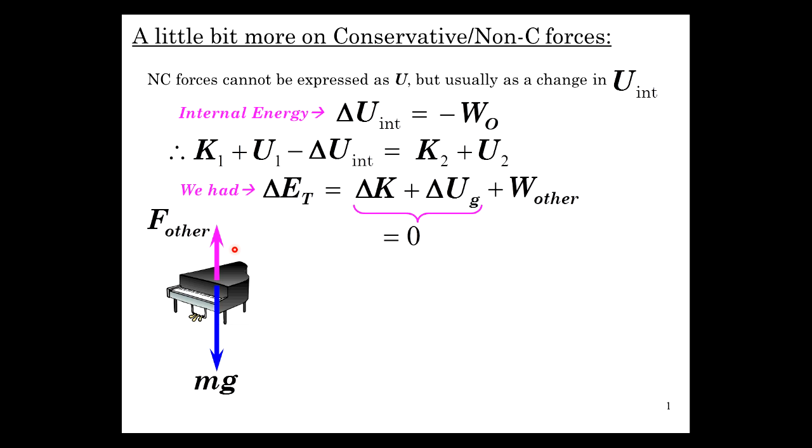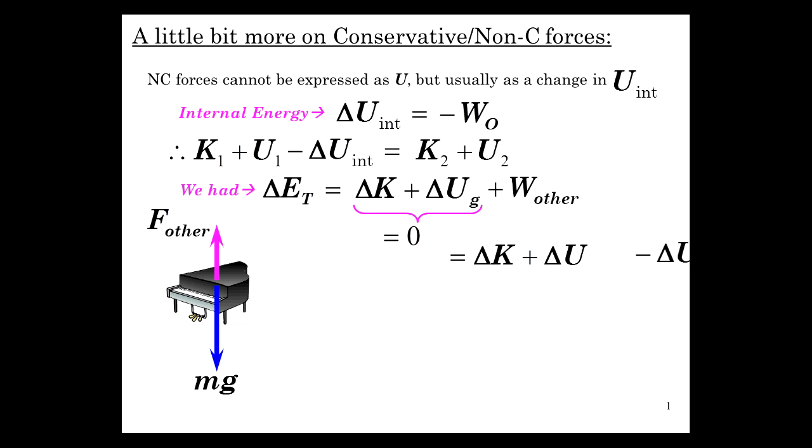But that force is not a conservative force. So we still can think of the one conservative force, gravitation, as, in this case, decreasing the potential, increasing the kinetic. Simultaneously, this is taking away some of the kinetic.